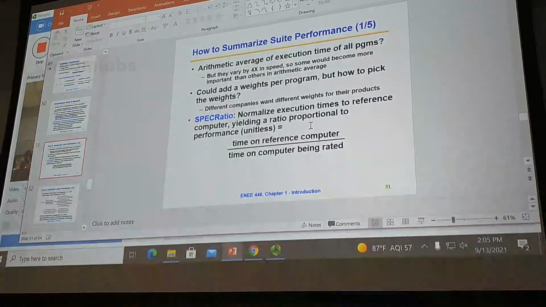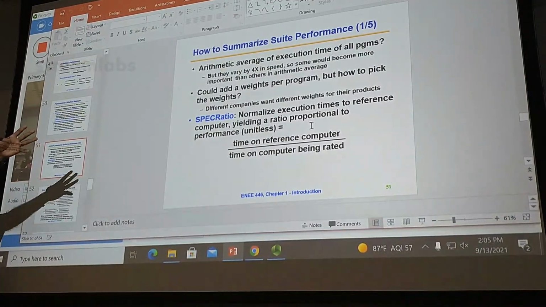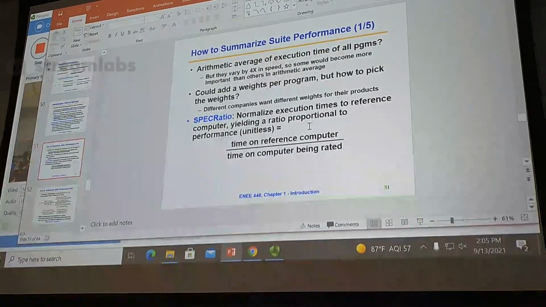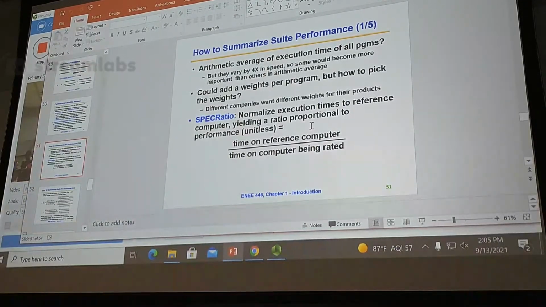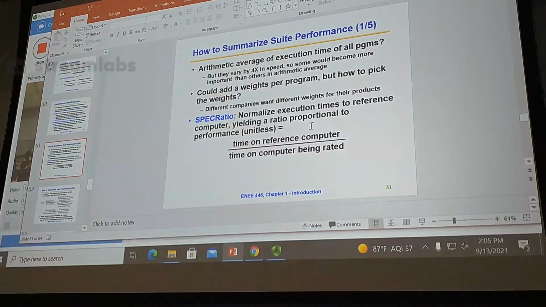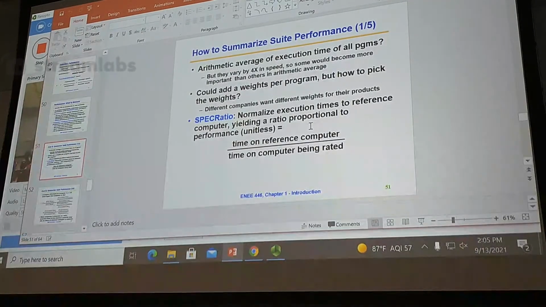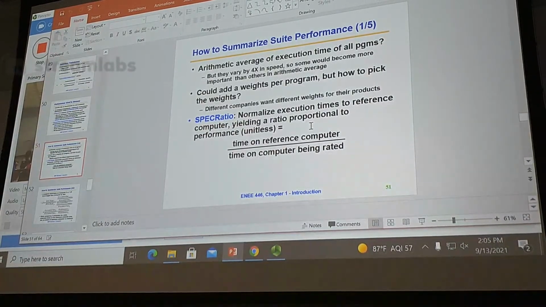Okay, we were almost finishing up on this first chapter, and in this part we are talking about summarizing performance with a single number. So the issues were selecting the benchmark program or programs, and there are multiple standard benchmarks like SPEC benchmarks for general purpose computing and for other fields like embedded systems.